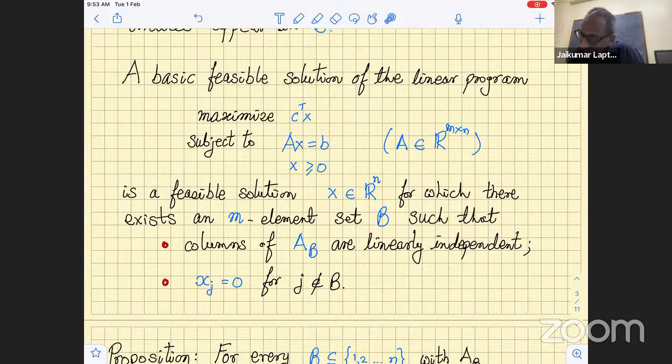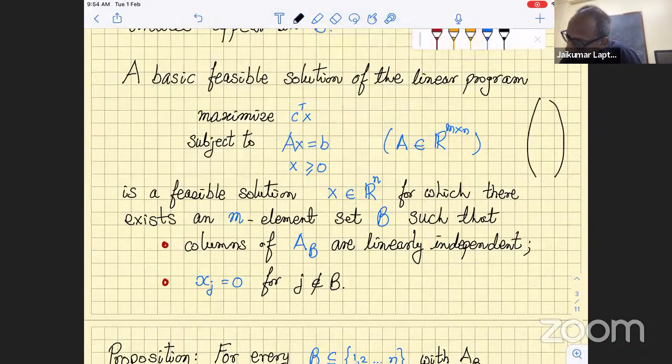So here was your feasible solution: there was some value alpha 1, alpha 2, alpha n.